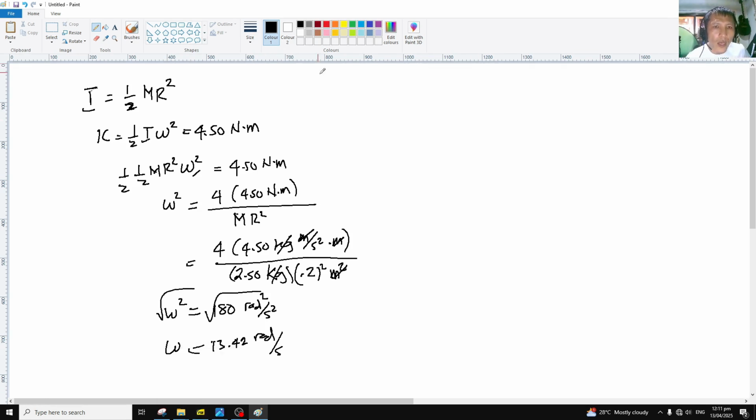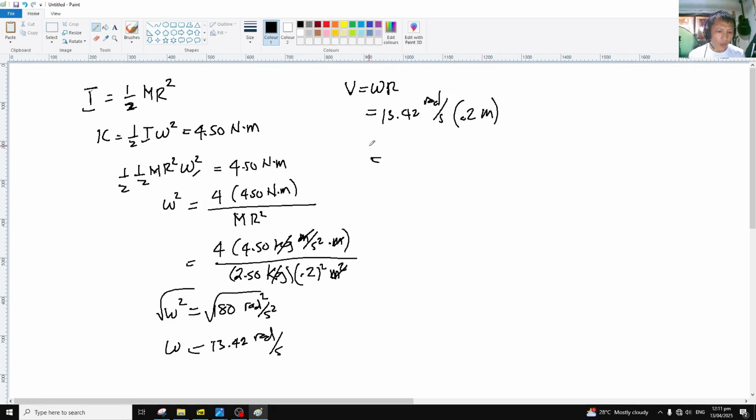Pag may omega na ako, I can basically compute v, which is omega times R. Diba? So, magkakaroon ako ng 13.42 radians per second, multiply ko ng 0.2 meters.